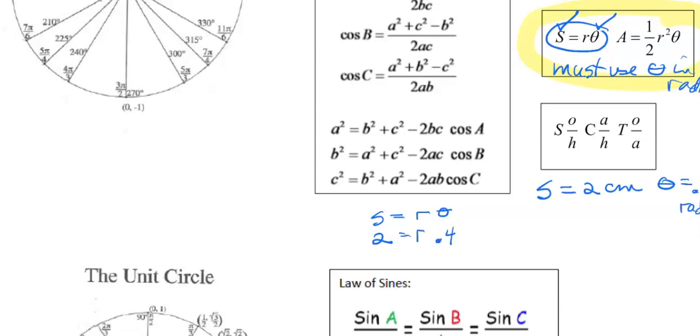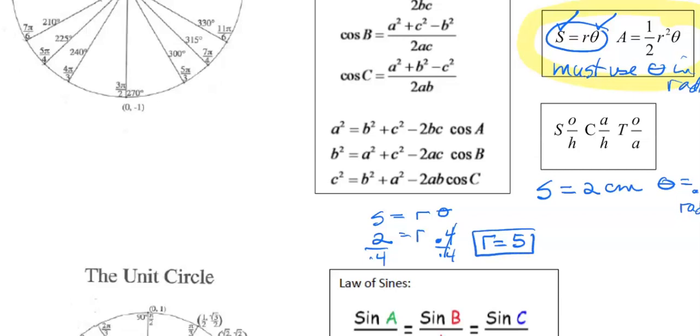So if you take the 0.4 and put it under your 2, so 2 divided by 0.4, grab your little calculator if you like, 2 divided by 0.4 gives me a radius equal to 5. So that's the first part of the problem.